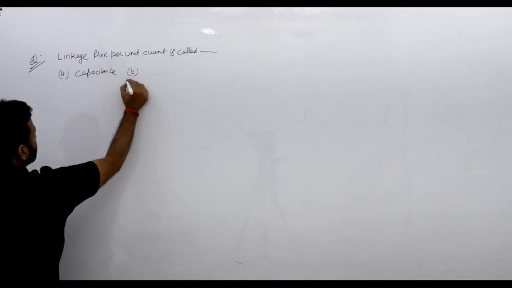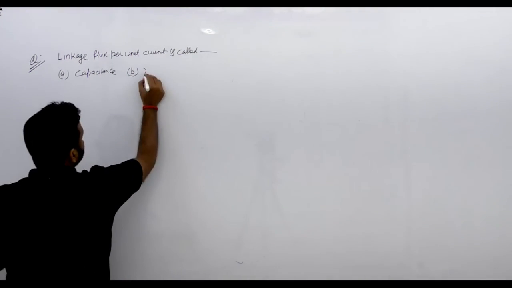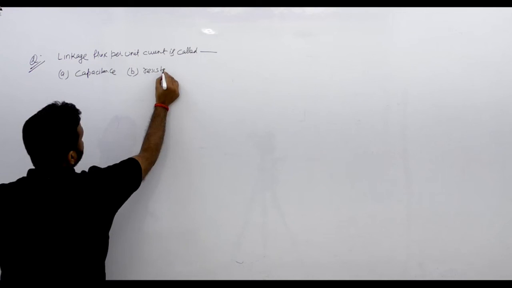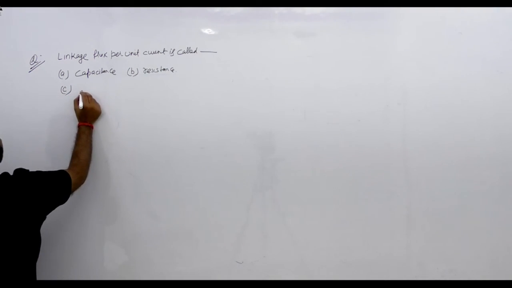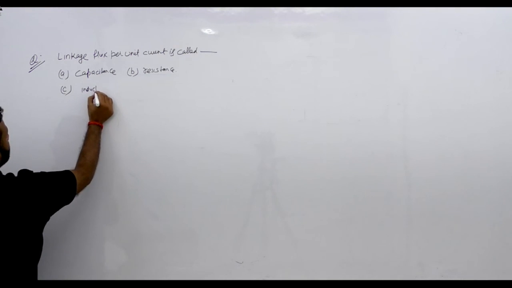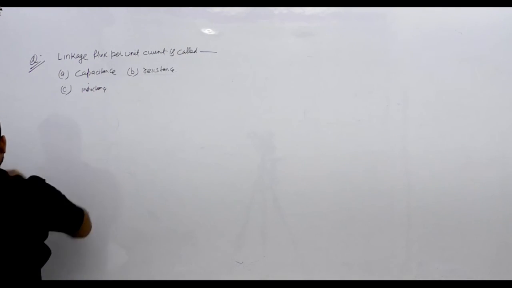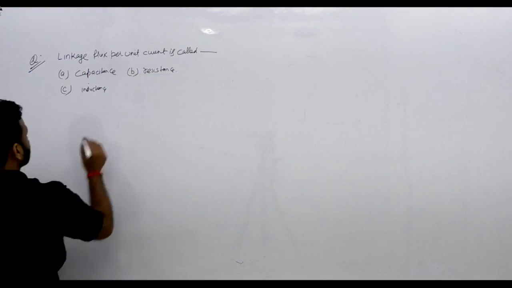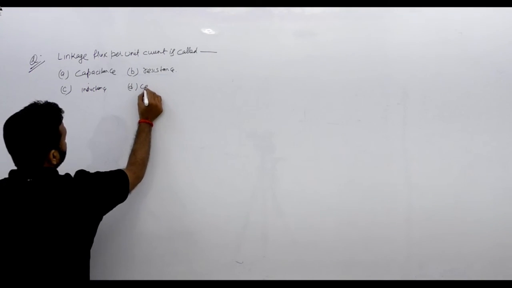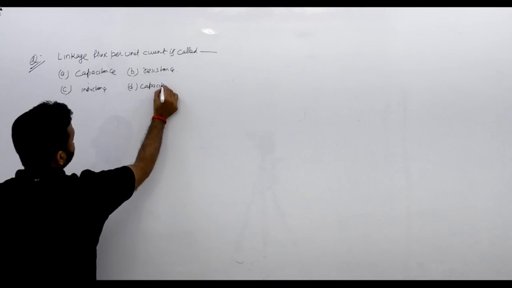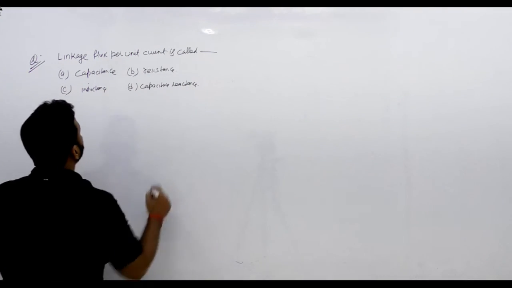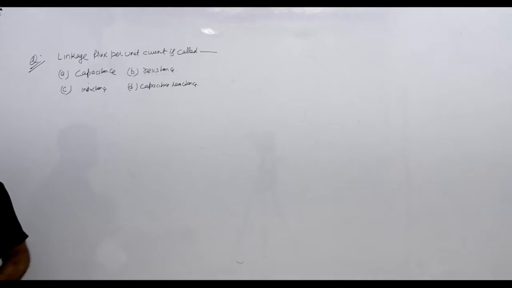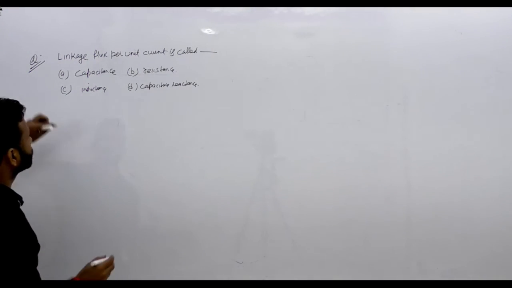Capacitance, then next we have resistance, and next we have C, inductance, and last one is capacitive reactance. देखते हैं. So if you see the flux linkage per unit current is called.